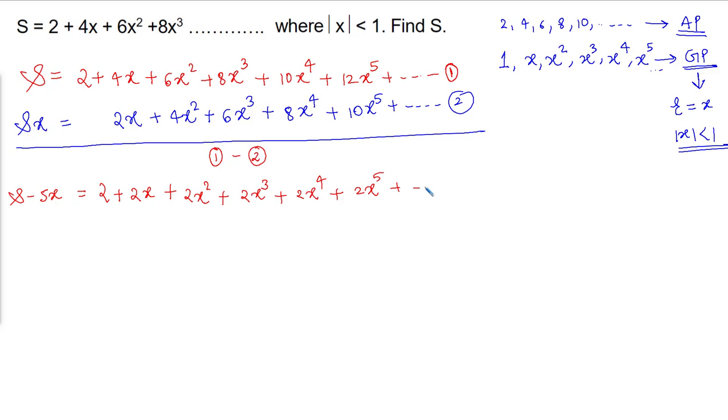Over here what you can see is that the arithmetic progression is removed. Whatever is remaining is a pure geometric progression where the value of r is x. The terms are getting multiplied by x.